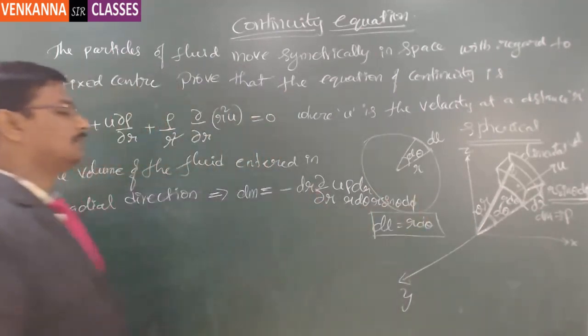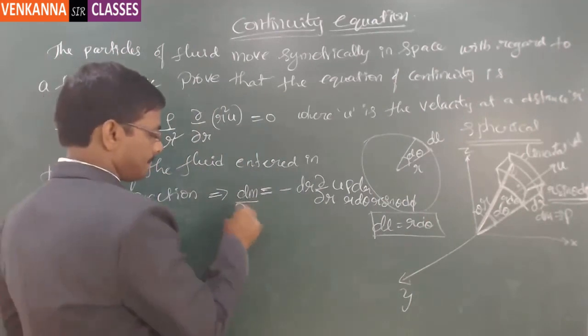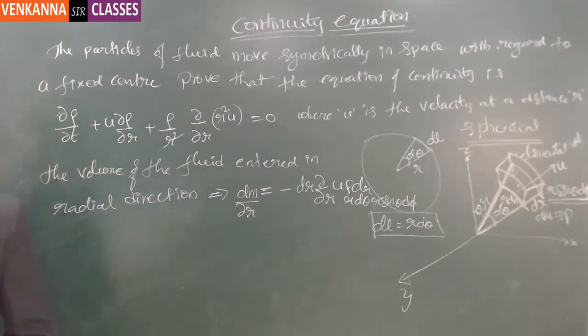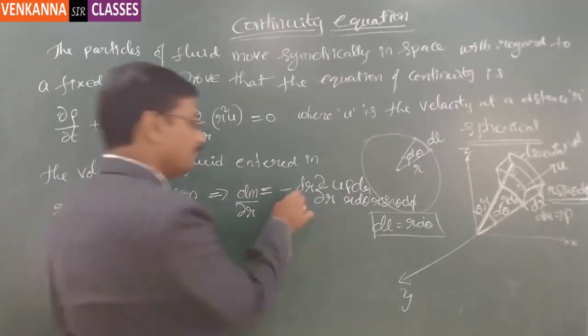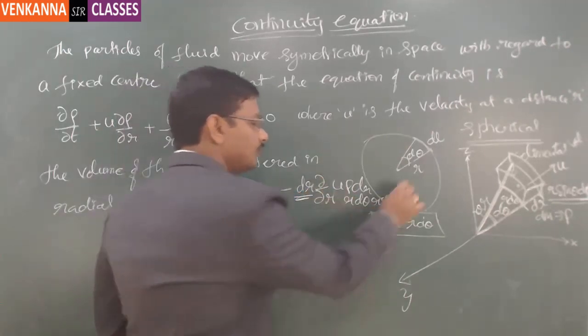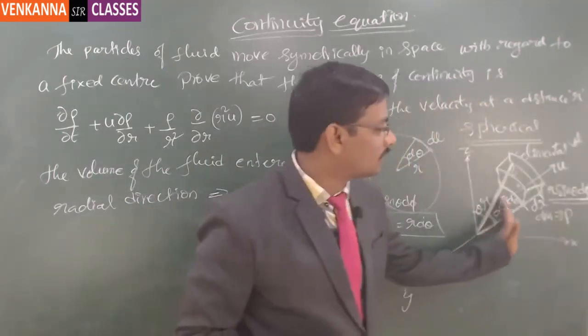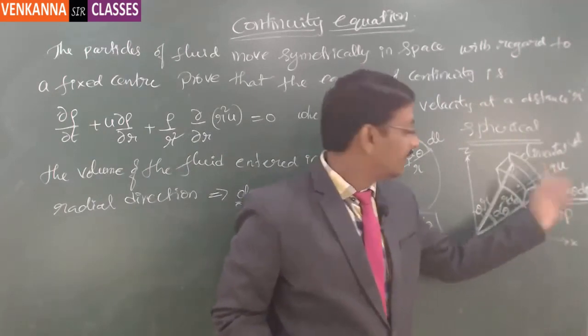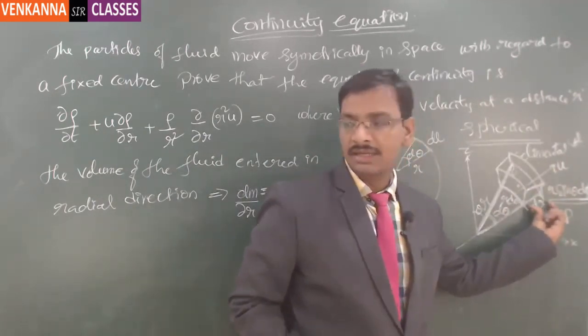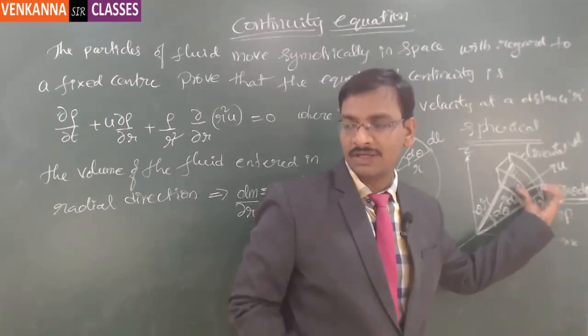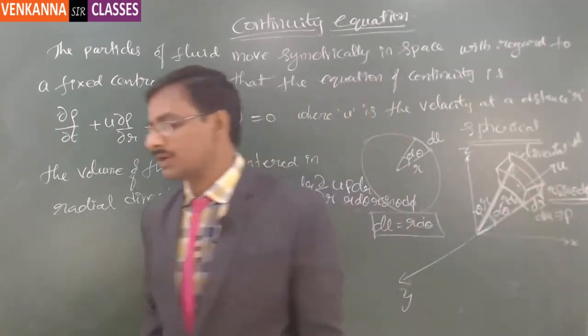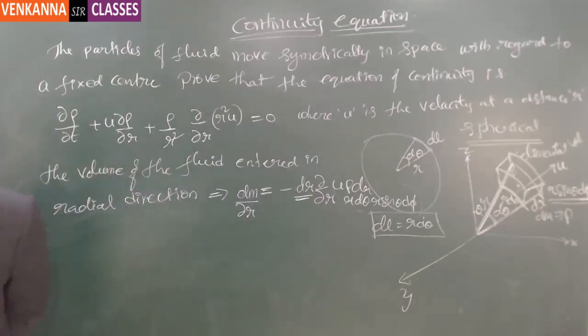Here the mass of the fluid, dou m by dou r, is minus dr into rate of change of mass. That means if the fluid is moving in this direction, the rate of change of mass along this direction multiplied by this length dr is nothing but the volume of the fluid that is effectively entered into this elemental volume. Correct or not? Understood or not? I need response.